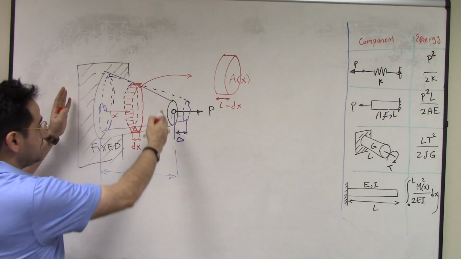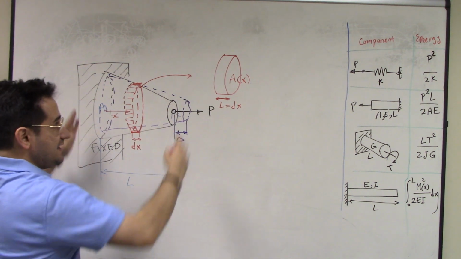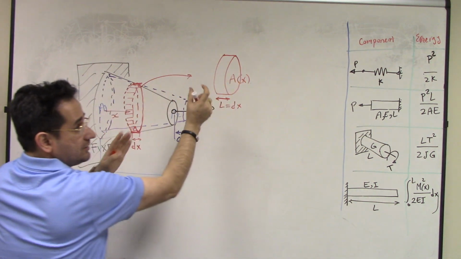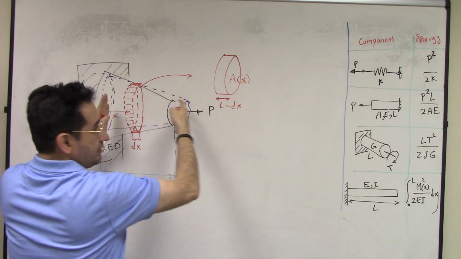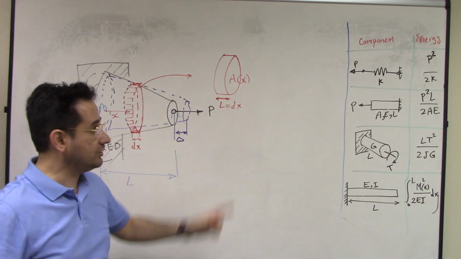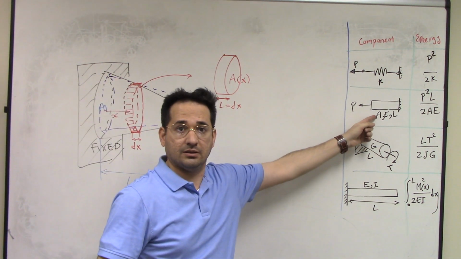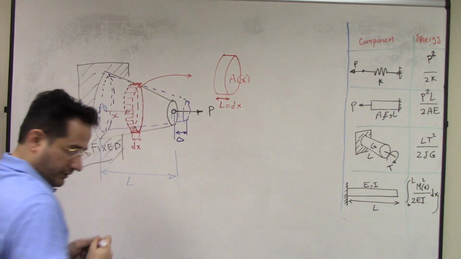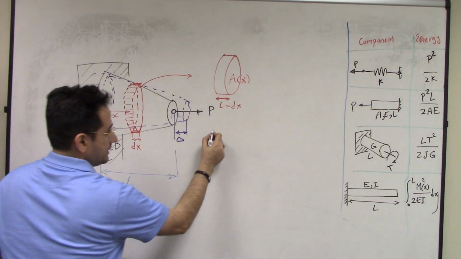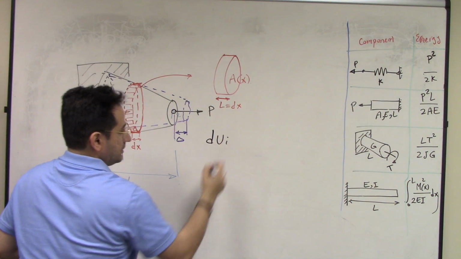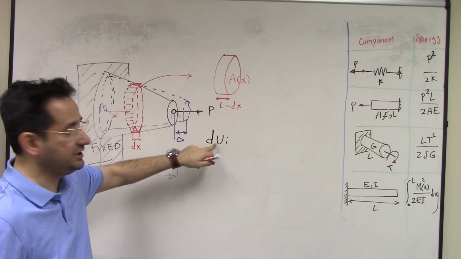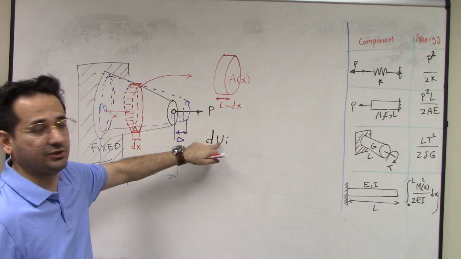Now if you consider this entire tapered beam as an infinite number of these constant-area bars connected together, then we can use this formula. For this small bar, I'll write the internal energy. The internal energy of this small bar, because it's infinitesimal, is dU, not U, a small energy.